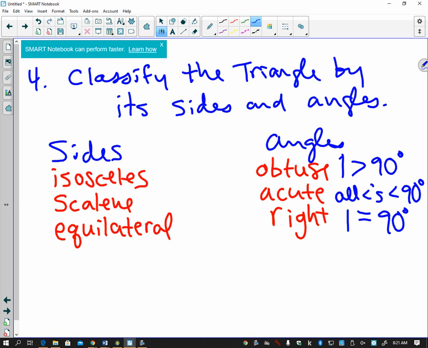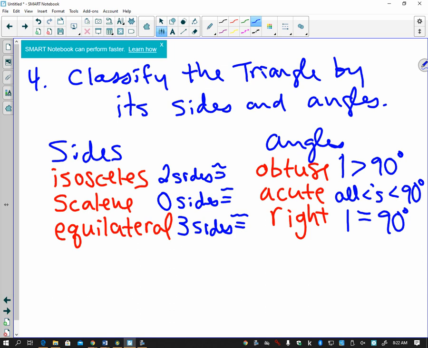All right, isosceles. What does isosceles refer to? Two sides congruent. Scalene. All sides are different lengths, so 0 sides congruent and equilateral, or I'll say 3 sides.